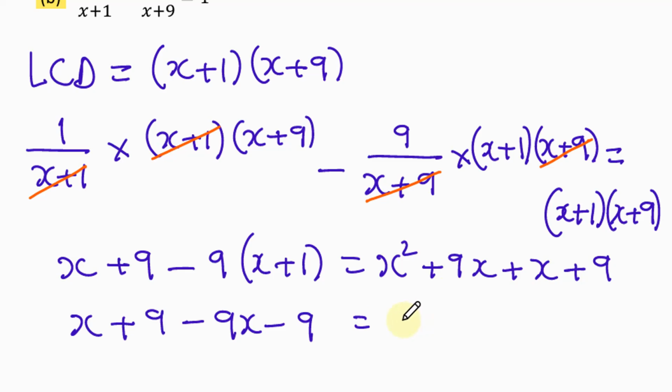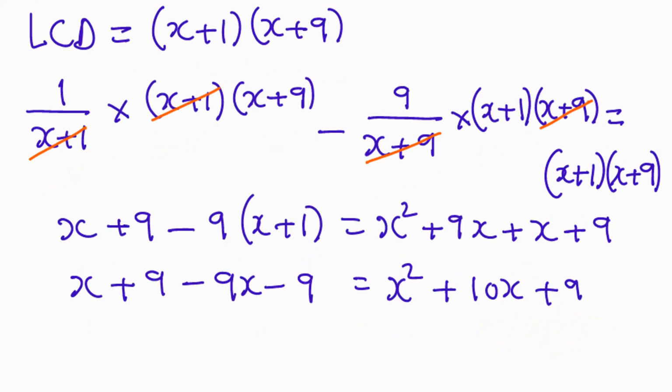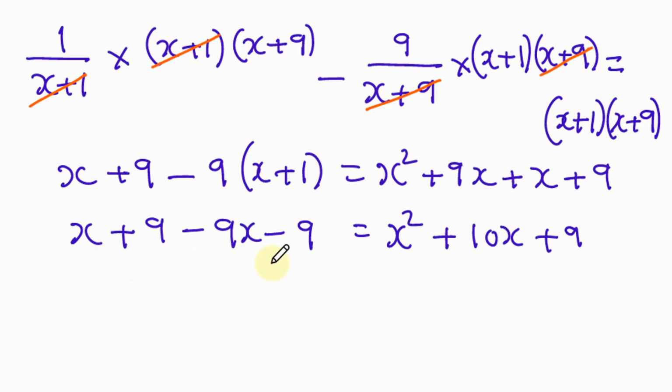On the right-hand side, we can add like terms. 9x plus x is 10x. We have more terms that we can add on the left-hand side. So x minus 9x is negative 8x. And positive 9 minus 9 is 0. So the 9s will cancel here.